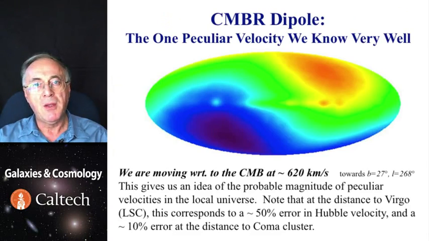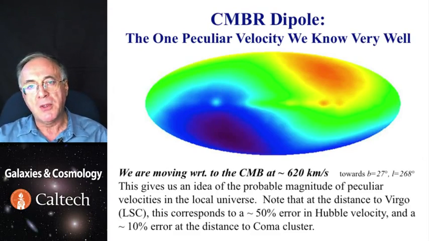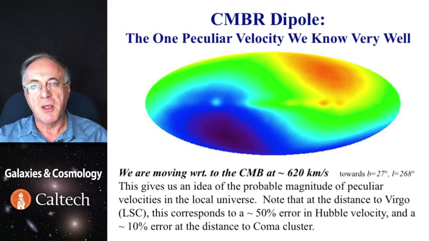Now there is one peculiar velocity, some people would say only one, which we know with a great deal of precision, and this is our motion relative to the cosmic microwave background. This causes a dipole. The cosmic microwave background is a little hotter in the direction that we're moving towards, and the velocity is about 620 kilometers per second in a particular direction in the sky.